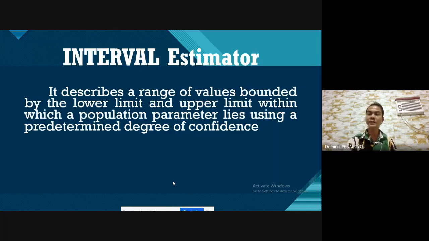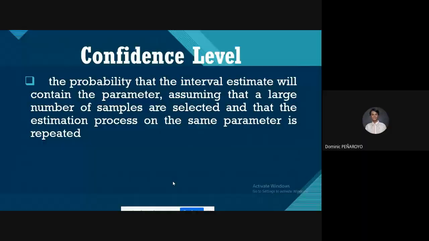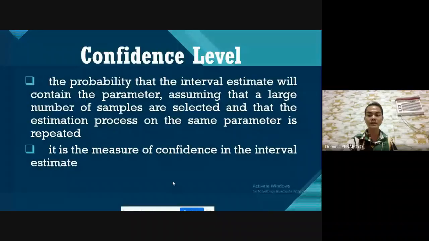Now, your confidence level, on the other hand, is the probability that the interval estimate will contain the parameter, assuming that a large number of samples are selected and that the estimation process on the same parameter is repeated. It is the measure of confidence in the interval estimate. So when we say confidence level, this is the confidence that you put on the interval estimate.